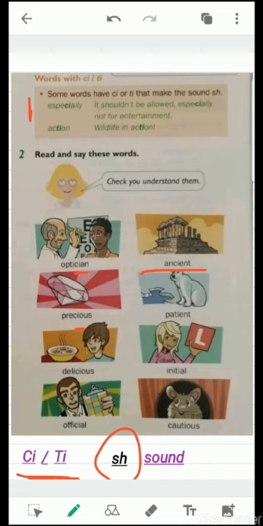Patient بمعنى صبور. طبعا لها معنى آخر وهي مريض، لكن الصورة هنا تعبر عن الصبر. صبور، إنه صبور. This polar bear is very patient. صبور وينتظر الفريسة. So we have the TI sh. Patient. Delicious. Delicious. لذيذ. Delicious.